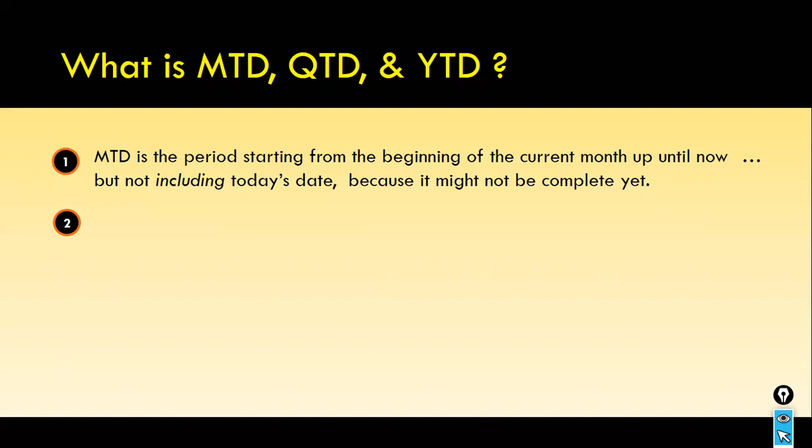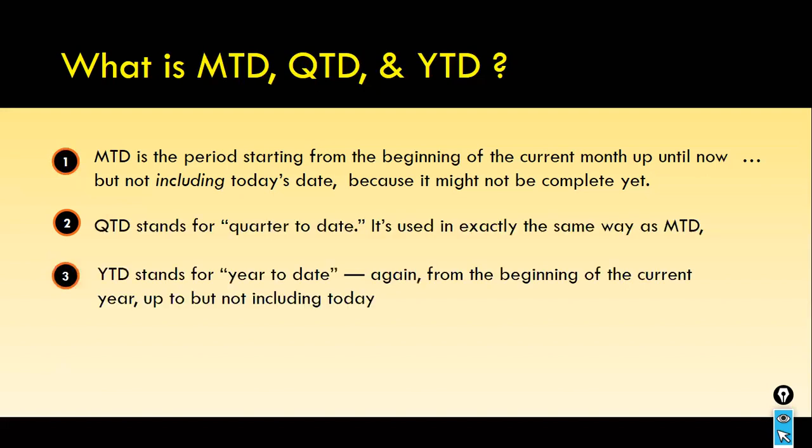And then what is this QTD? QTD is also the same, but in this case it is a quarter. QTD stands for quarter to date, and it is used exactly the same way as month to date, from the start of this quarter until now. For example, you are in March, on March 15th.